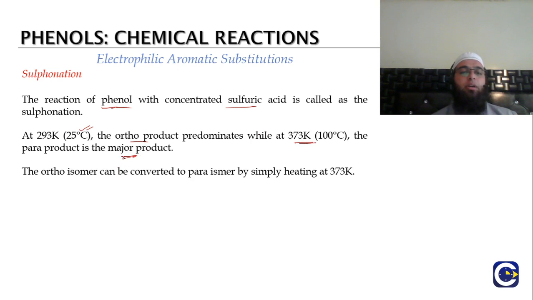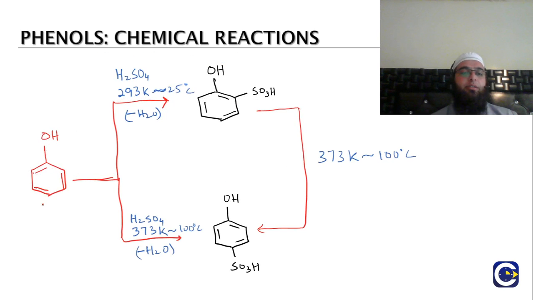Also, we can convert the ortho isomer to the para isomer by simply heating at 373 Kelvin. Here is the reaction. We have the phenol, and we have the reagent, sulfuric acid, at low temperature, and this reaction gives us the ortho isomer.